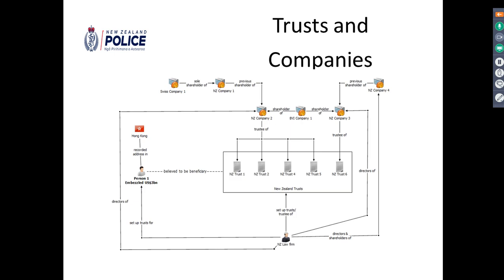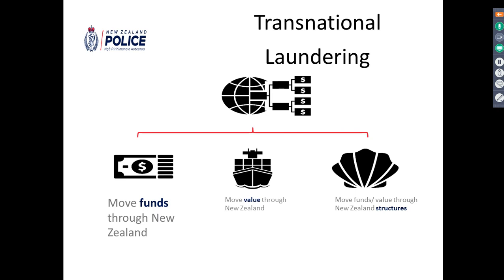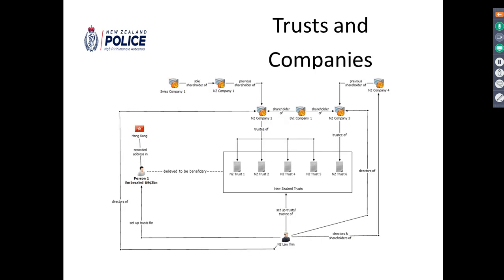Trusts and companies, as I mentioned earlier, are a very popular way for criminals to move money around and to hide where their money and their assets are. In this particular case, we have a person in the middle here, on the left of your screen. Person 1, this person embezzled $3 billion from a company in the United States.